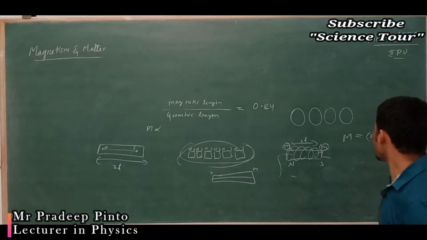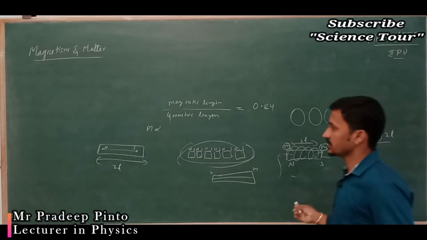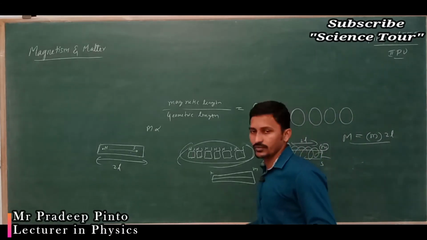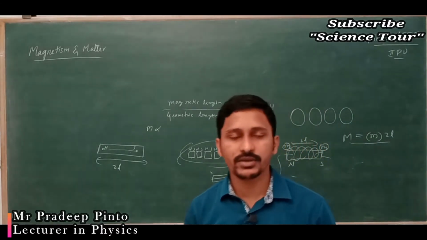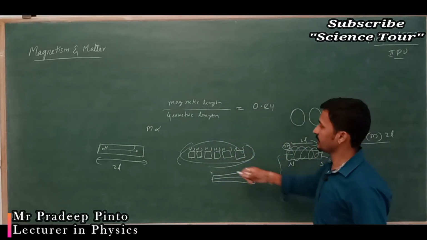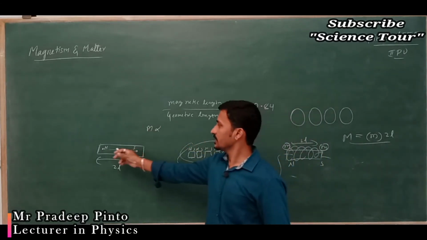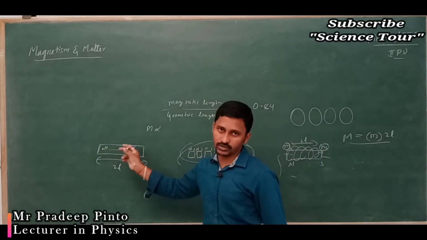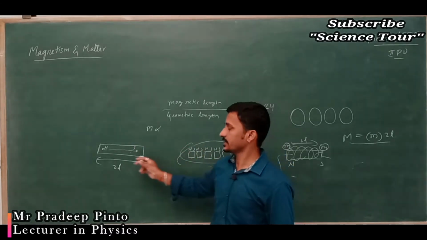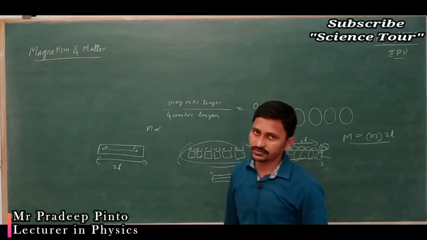Now, this is what m into 2l, the magnetic moment, we are going to use most of the time. What we have studied is simple. We can prepare a magnet only using a solenoid. So we took an artificial magnet, and it behaves like this. There is a difference between the north pole and south pole, and the magnetic length is not the same as the geometric length, that we have studied.